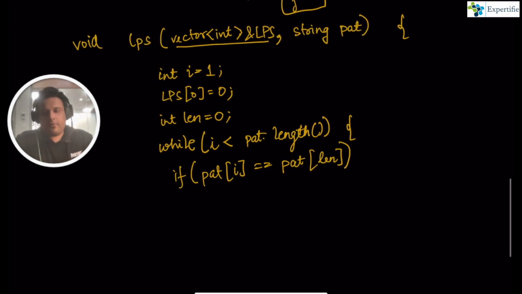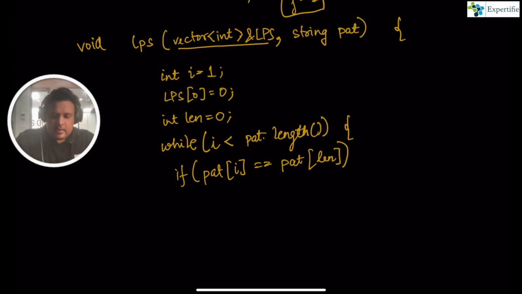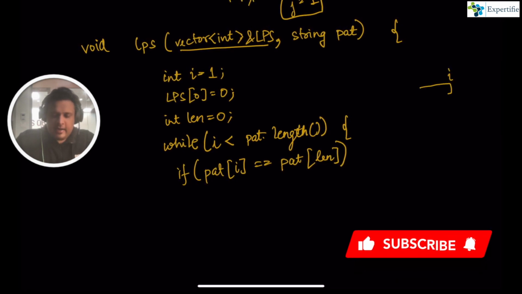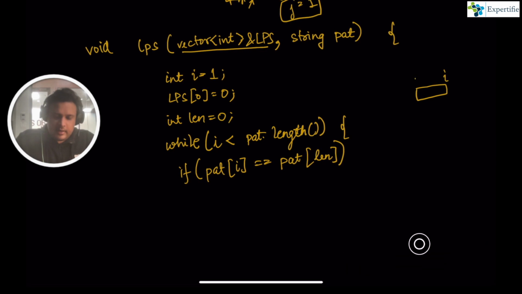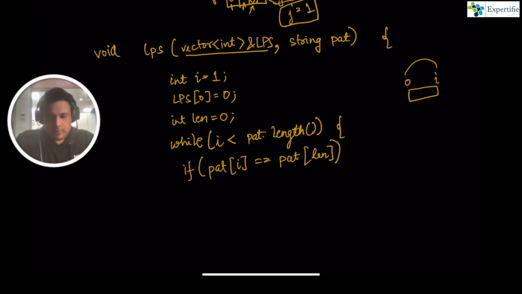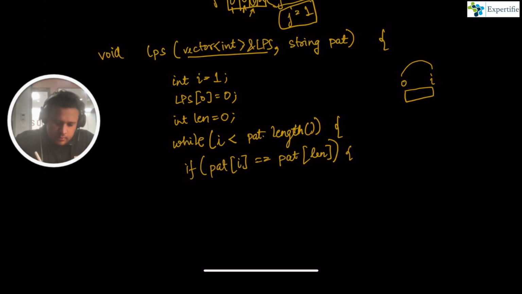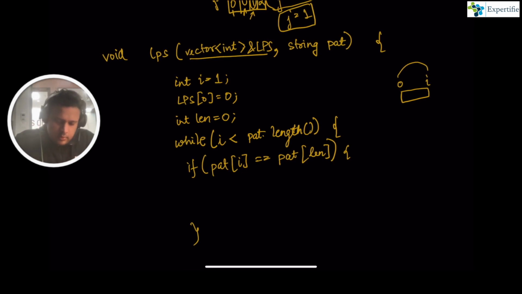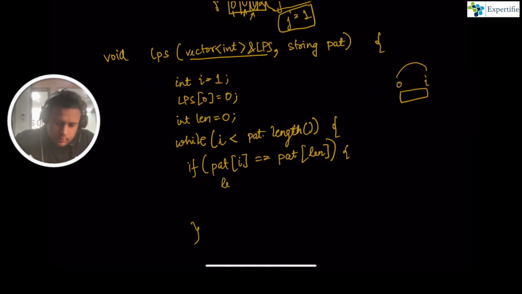Basically, at the ith character, the substring ending at I, I am trying to see at length equal to 0, is there a suffix which is also a prefix. Simple. If I do get it, then length goes plus plus, LPS of I equal to length, and I also goes plus plus.